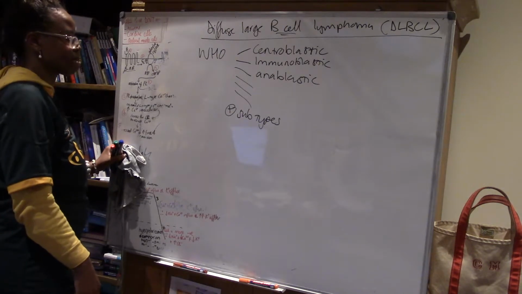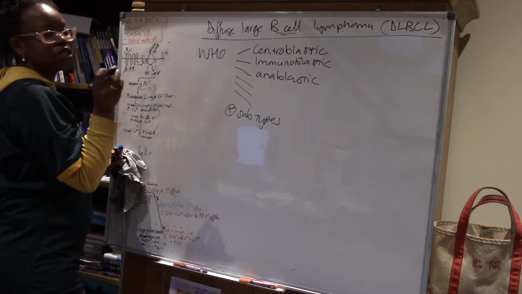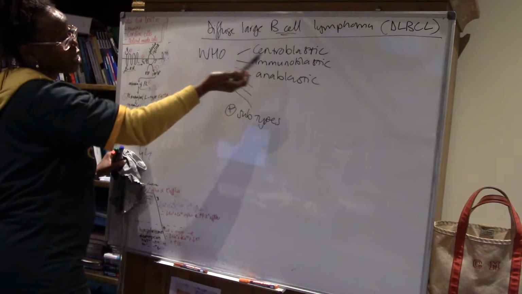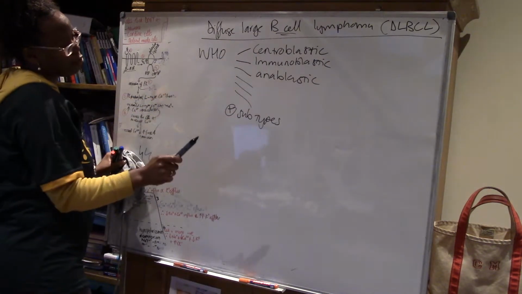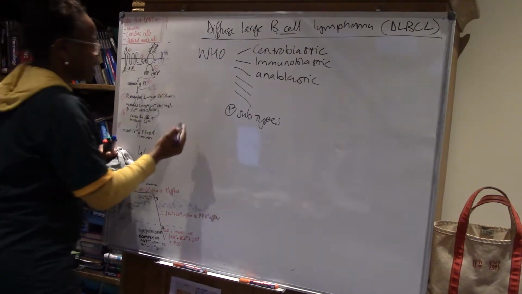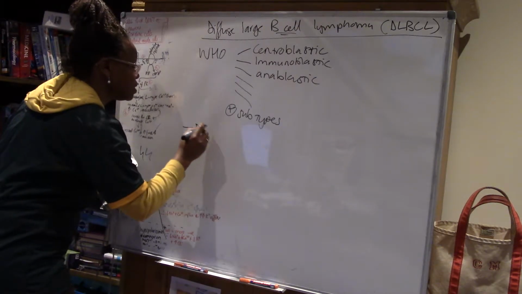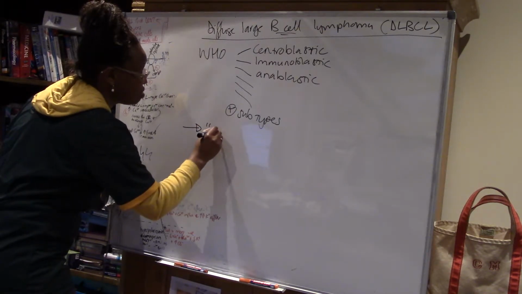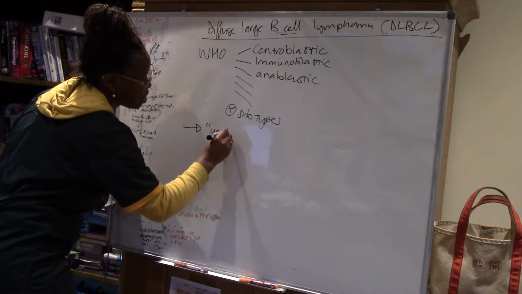So the important thing really about the diffuse large B-cell lymphomas is that sometimes it is called unclassifiable.